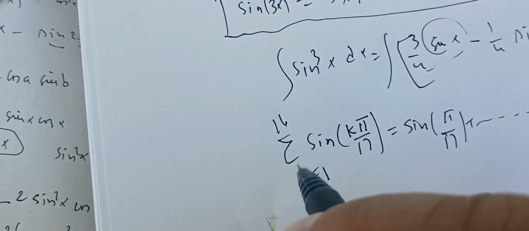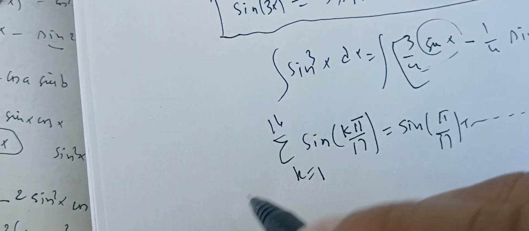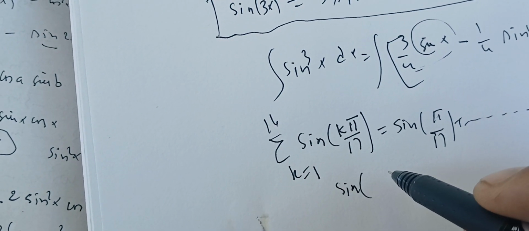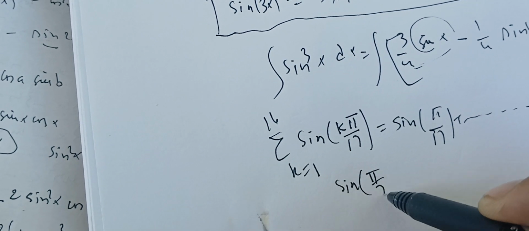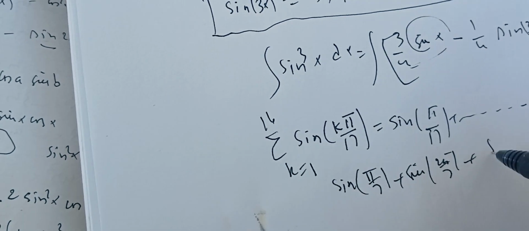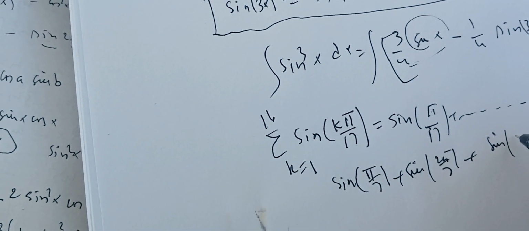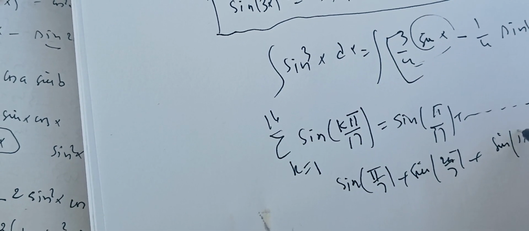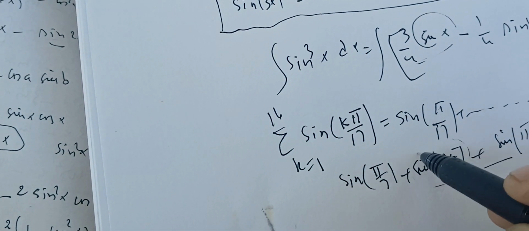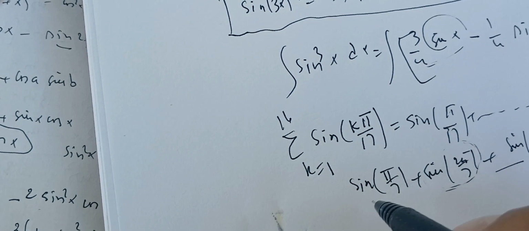In our case, if we want to do just sine of pi over 7 plus sine 2 pi over 7 plus sine of 3 pi over 7, which is 0. Okay, when I compute this, I think I made a mistake here.